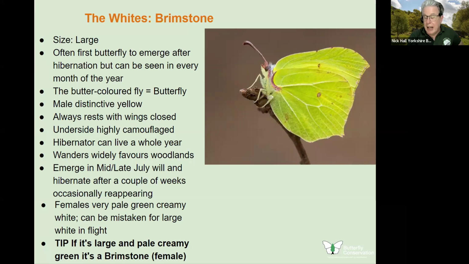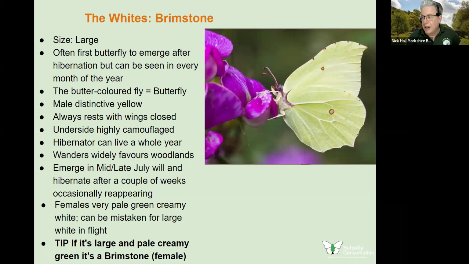So how you tell them apart is that the males are the yellow color, but the females, as I'll show you, are this wonderful, slightly greenish shade, a kind of creamy green. It's difficult to tell when they're in flight, but they do give out a little bit of green as they go past you.